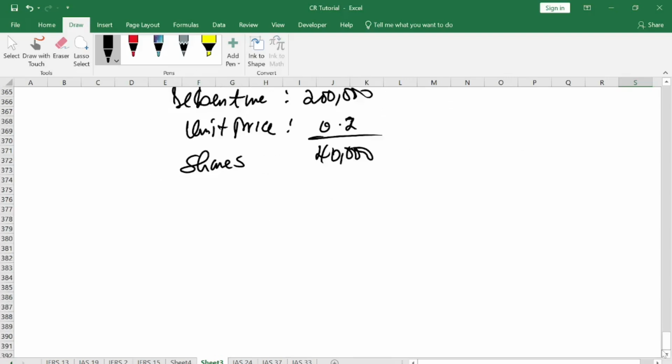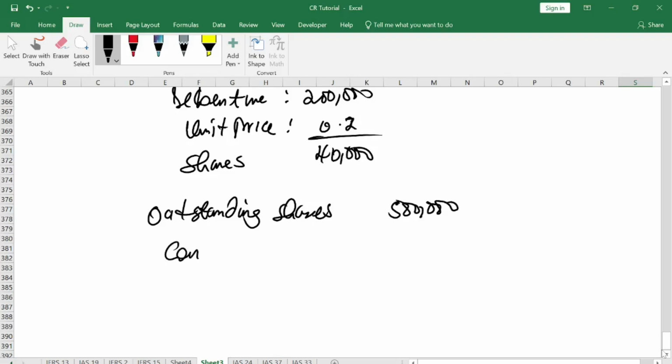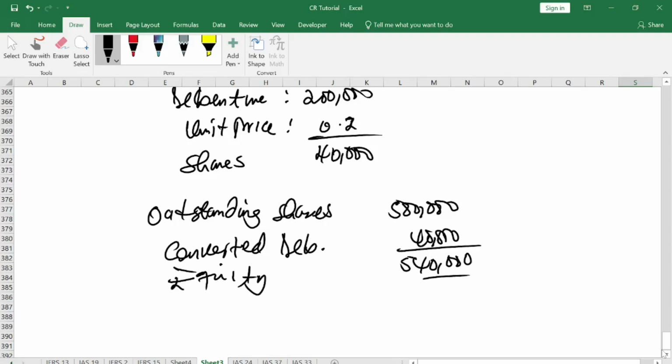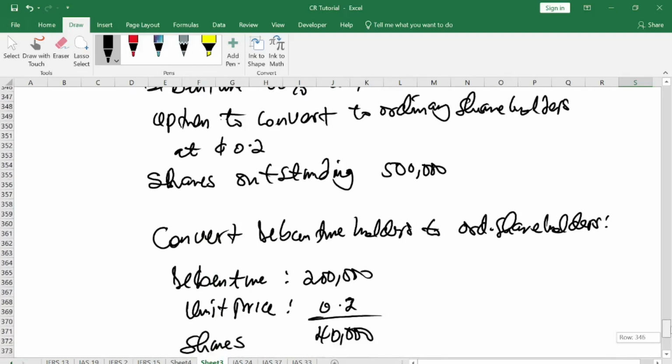So your outstanding shares of 500,000 plus the converted debentures of 40,000 gives you 540,000. Your equity number will increase. When this happens, it dilutes the basic earnings per share. That is the idea of what you call dilution.